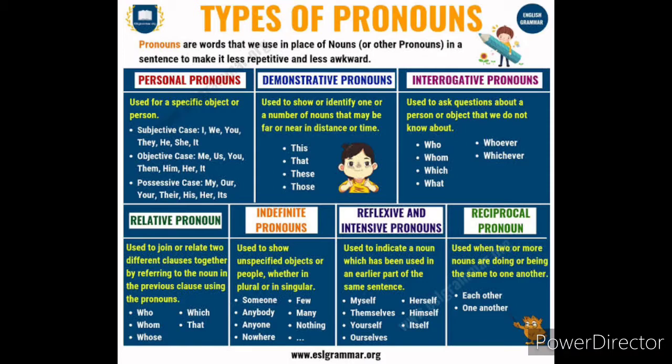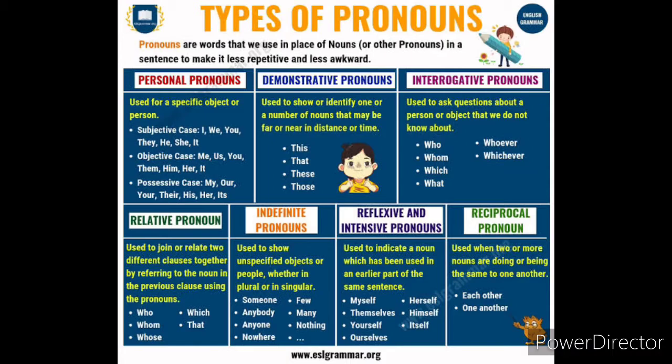It always talks about the first, second, and third person. I, we, you, they, he, she, it are subjective case. Then me, us, you, them, her, him, it are all objective case. Then possessive case are my, our, your, their, his, her, its. These are all personal pronouns, children.